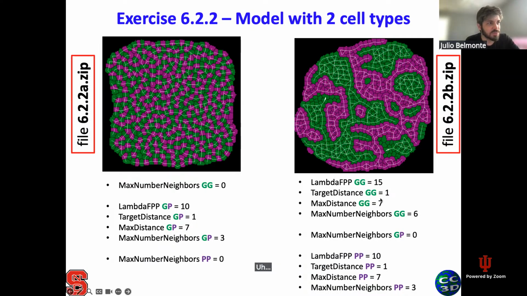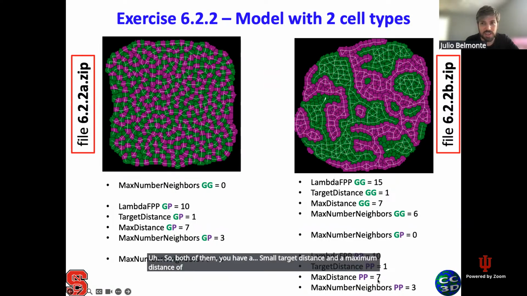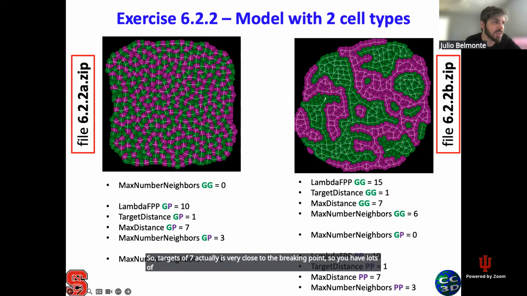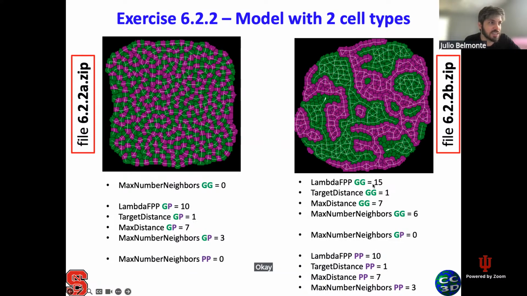Both of them have a small target distance and a maximum distance of 7. Because the cells are 7 by 7, they tend to stay more or less at that distance from one another. A target distance of 7 is very close to the breaking point, so you have lots of cell remodeling. The target distance is 1 on both, so it is very condensing.